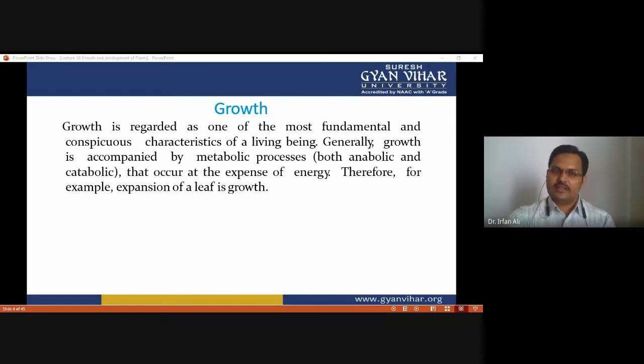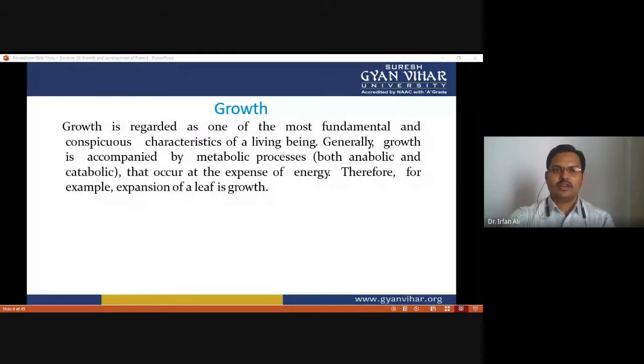Generally, growth is accompanied by metabolic processes, both anabolic and catabolic. The catabolic process includes the breakdown of metabolites, and the anabolic process is the process by which biomolecules are synthesized in the plant. So a plant needs both anabolic as well as catabolic processes for growth, and growth occurs at the expense of energy.